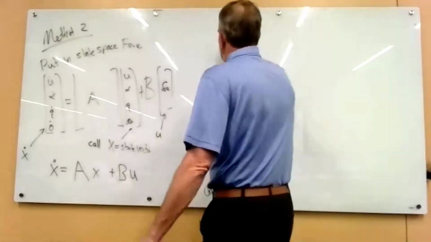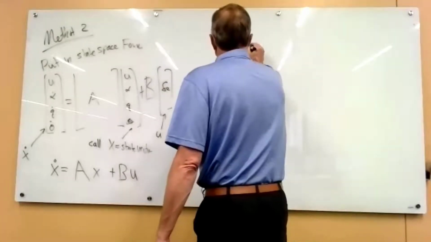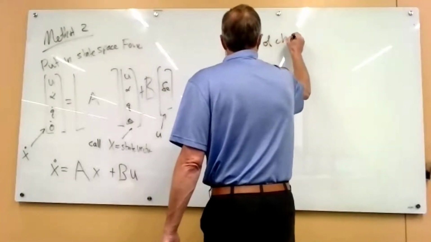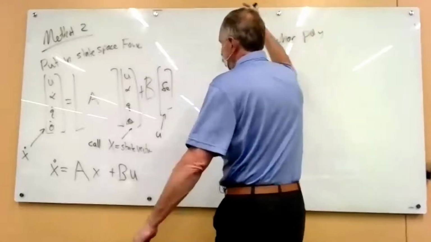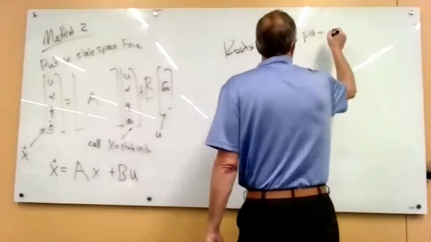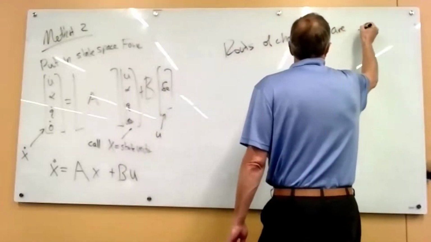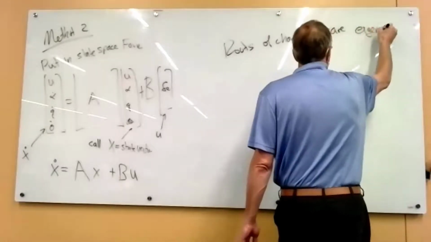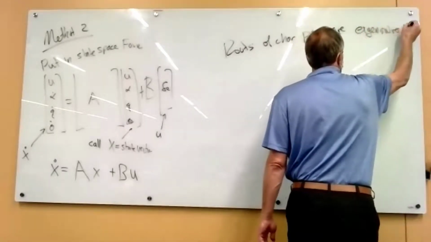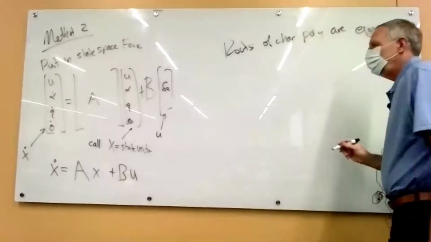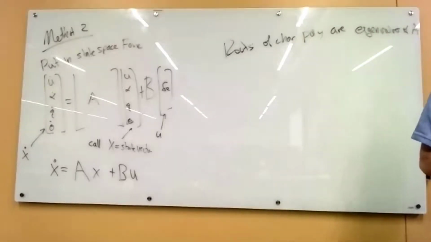And the answer is that the roots of the characteristic polynomial for a system in state space form are the eigenvalues of A. And I'm going to show you why that's the case. But that's a lot faster, right? You simply take your state space form, which has all those dimensional derivatives in it, you pop the numbers in there, you feed the matrix to MATLAB and tell it to calculate the eigenvalues.